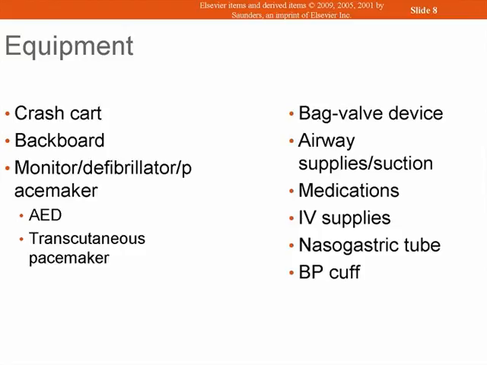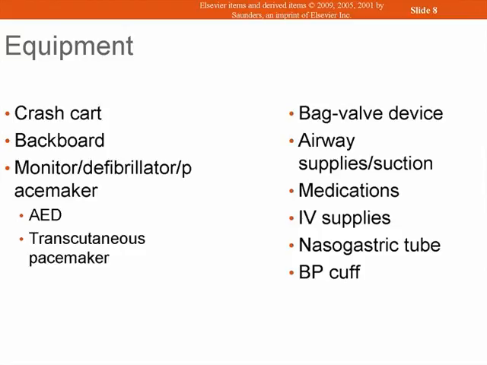A bag valve device. We call this an AMBU bag. Airway supplies and suction. These are typically available on the crash cart or code cart, but respiratory therapists typically will bring something with them as well. Medications are available in the medication drawers of the code cart. Also, IV bags, IV tubings, and IV needles, catheters, and start kits.